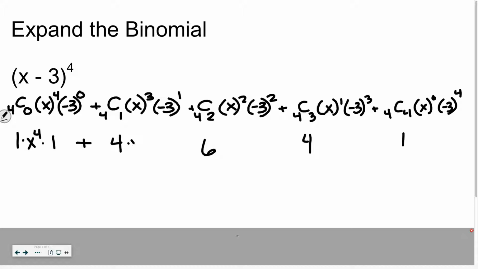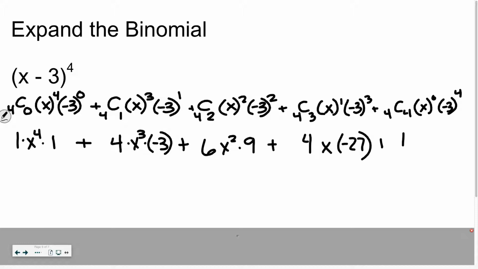The 4, the x cubed, and then a negative 3. 6, x squared, and 9. x times negative 27 times the 4 from Pascal's triangle, and then 1 times 1 times 81.